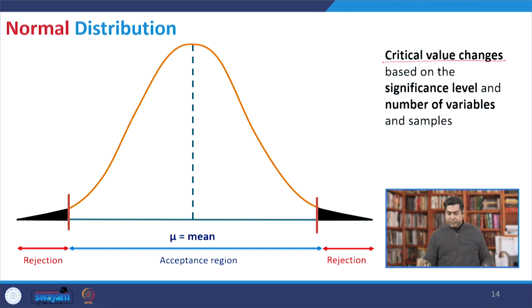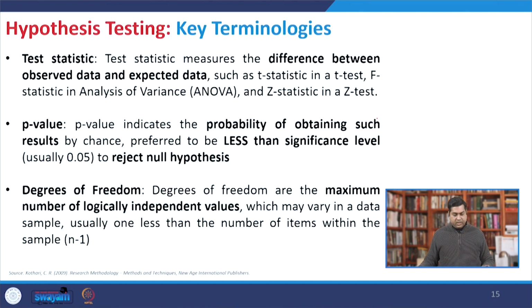Now, the critical value changes based on the significance level and, in some cases, the number of variables, and based on that you will find different values in the Z table, T table, F table, or chi-square table, and then you have to take those values for the comparison.